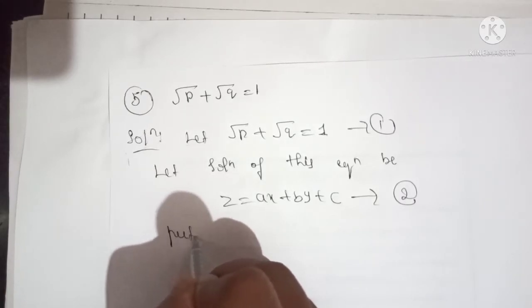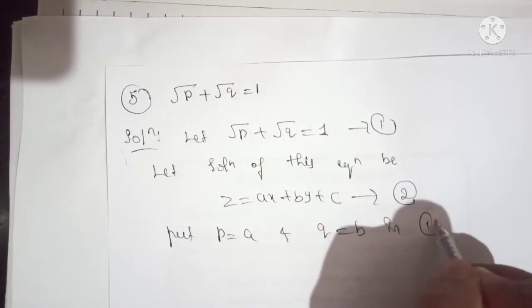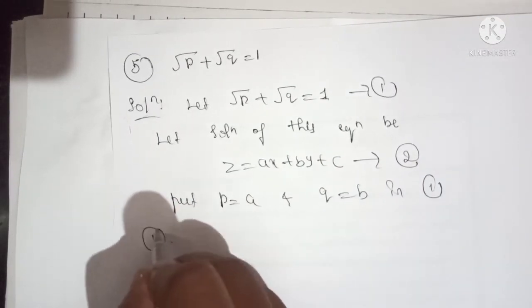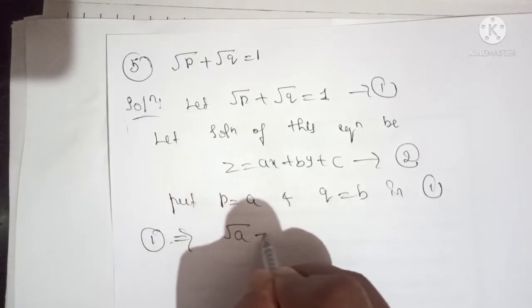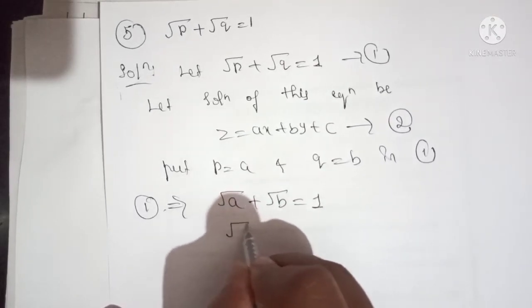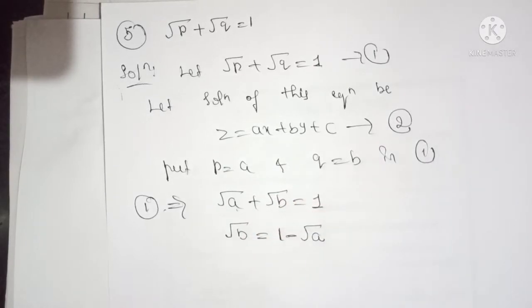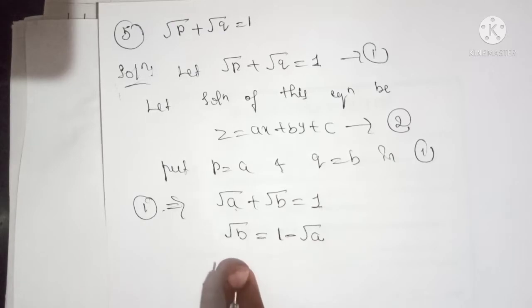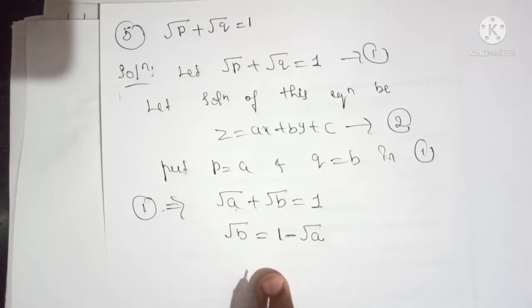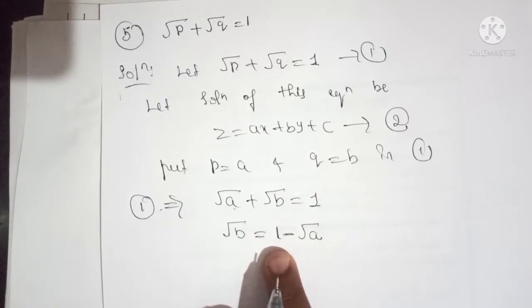Now again replace P by A and Q by B in 1, so that the given equation 1 implies that root A plus root B is equal to 1. So that root B value will be 1 minus root A.